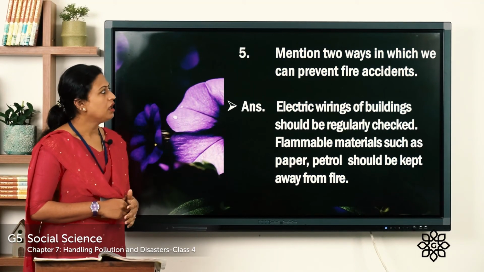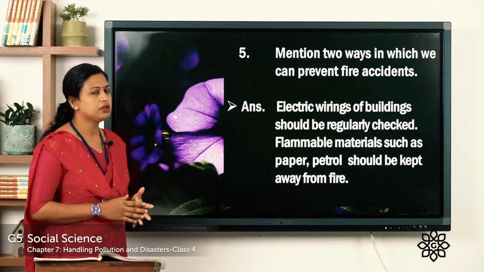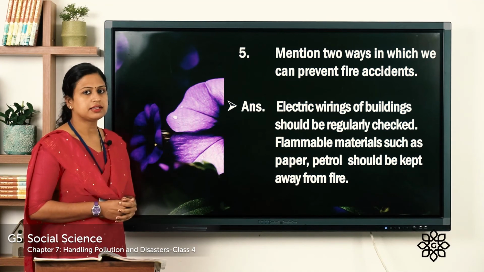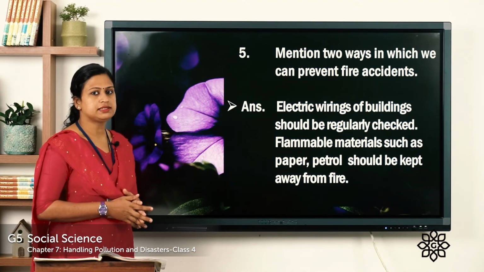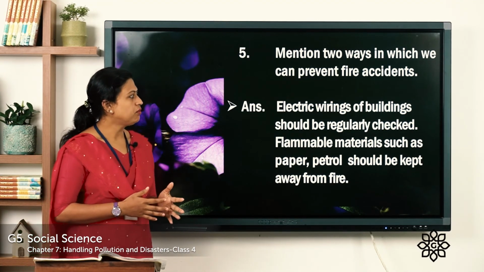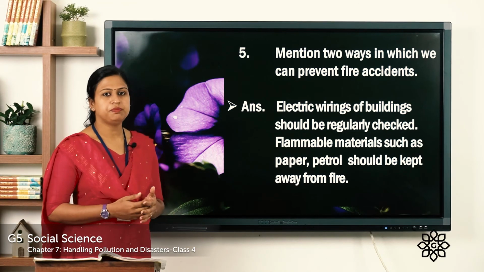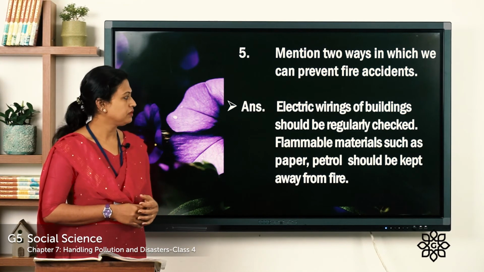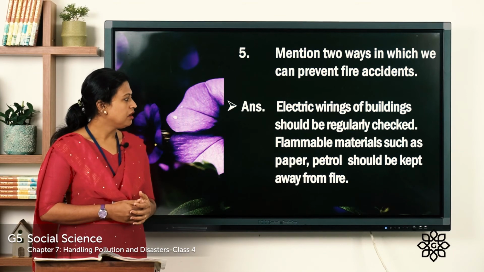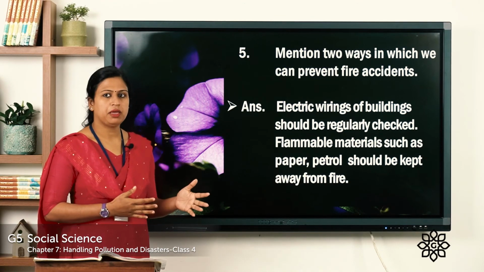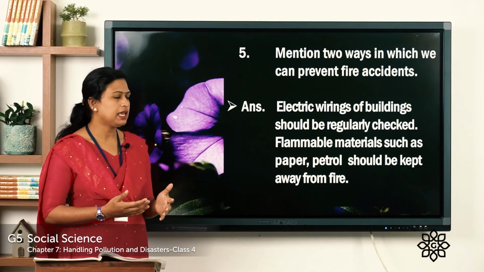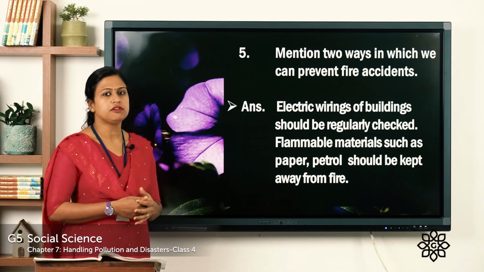Fifth one, mention 2 ways in which we can prevent fire accidents. And the 2 ways are, electrical wirings of buildings should be checked regularly. Second one, flammable materials such as paper, petrol should be kept away from the source of fire.